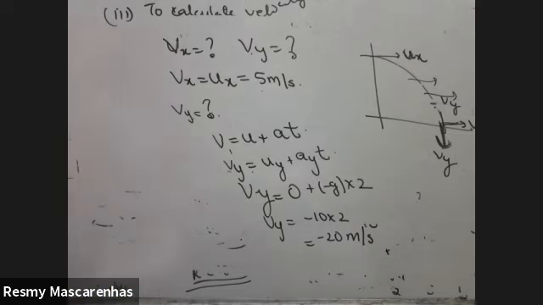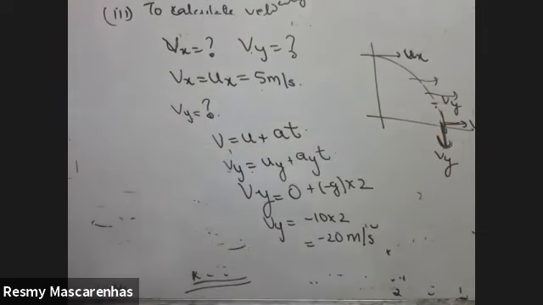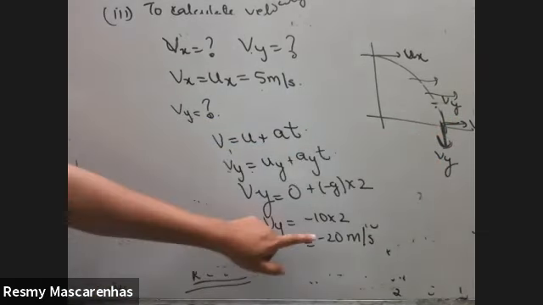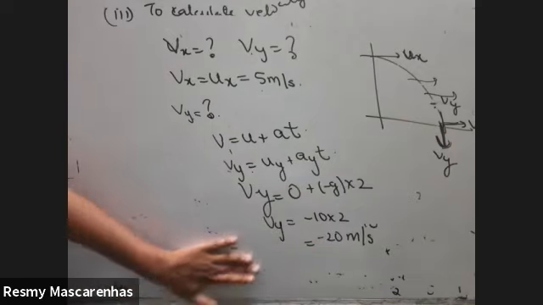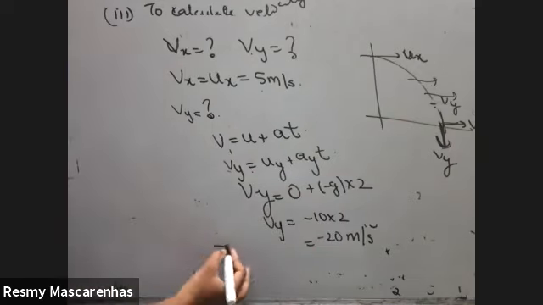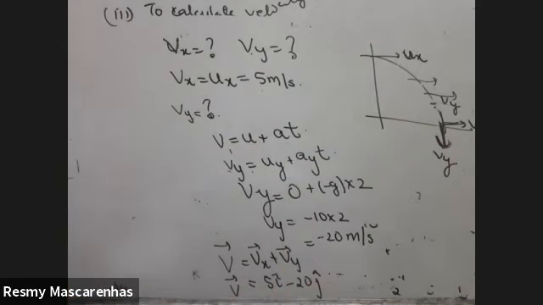While coming downwards, the vectors will be like this, Vx and Vy. So that's why we'll get negative velocity, so just before hitting the ground. So v will be what? Vx i cap plus Vy j cap, this is 5 i cap, this is minus 20. Want to calculate the speed?